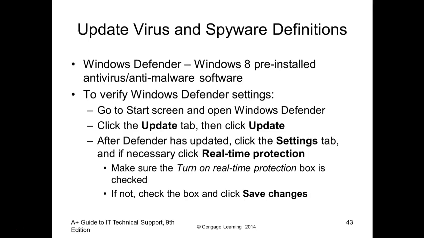Okay, so the next one is virus and spyware. You definitely want to get this taken care of, again, as quickly as possible. So Windows Defender, if this sounds familiar, basically this was around in Windows 7. The only problem was in Windows 7 this was complete junk. Essentially what happened was with Windows Defender, it was supposed to be a spyware engine trying to catch spyware, but it was never any good.